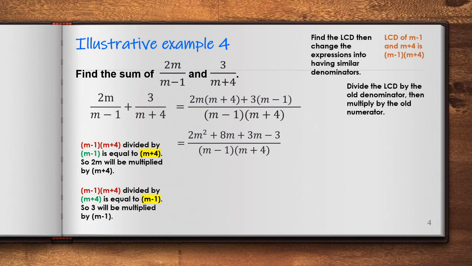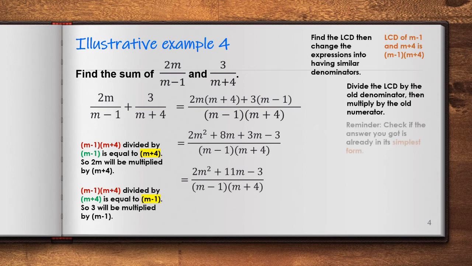Then, combine like terms, 8m and 3m. The numerator will become 2m² + 11m − 3. Reminder, check if the answer you got is already in its simplest form. Check if 2m² + 11m − 3 can be factored.